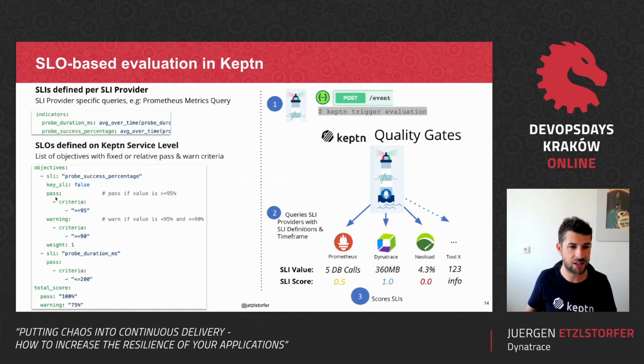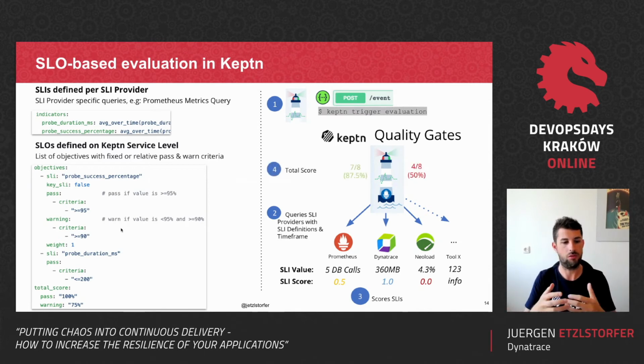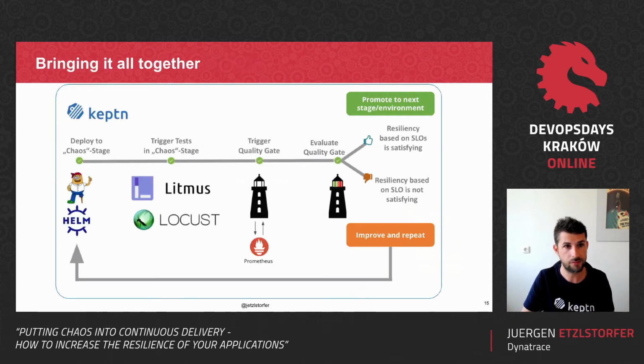For each passed criteria, it will get full points. For each passed warning criteria, it will get half points. And then in total, Keptn will calculate the score. This score basically is your, let's say, resilience score. And you can then decide if you want to move it on to the next stage, or if you want to keep it in one specific stage.